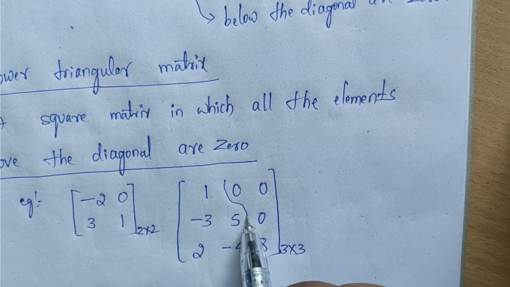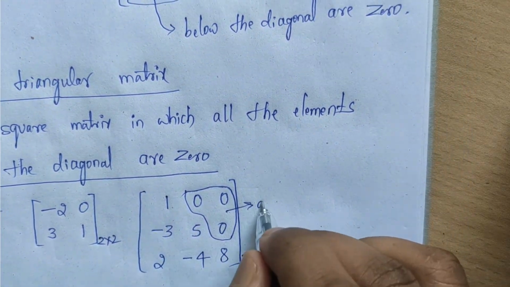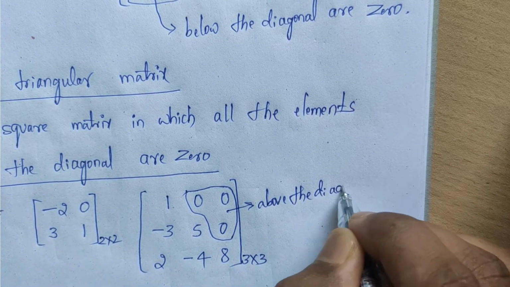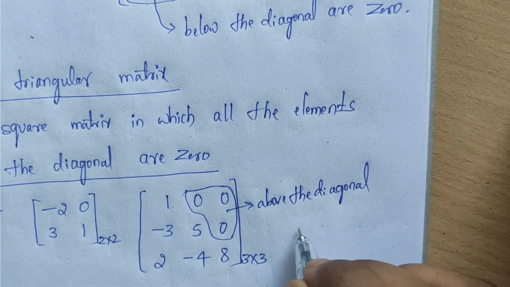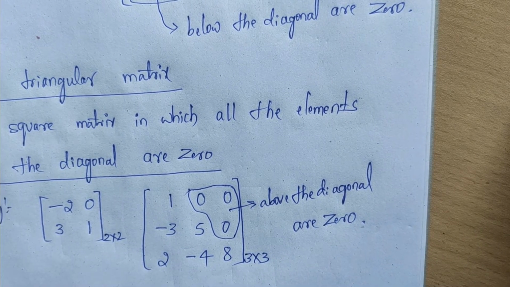Above the diagonal are 0 is called lower triangular matrix.